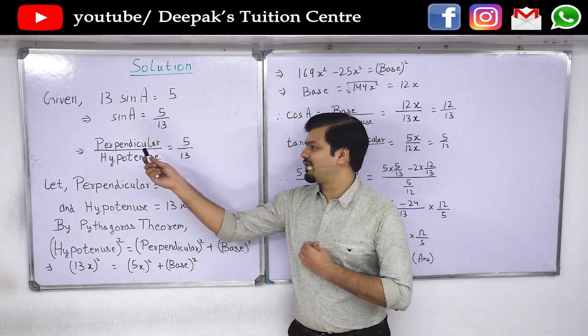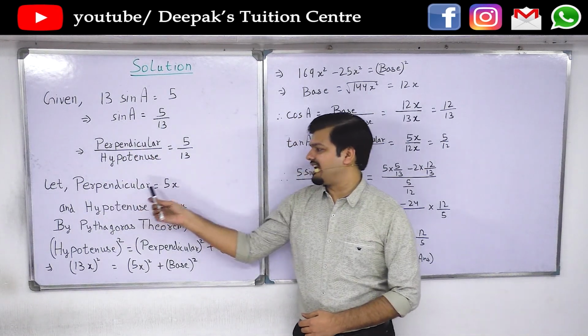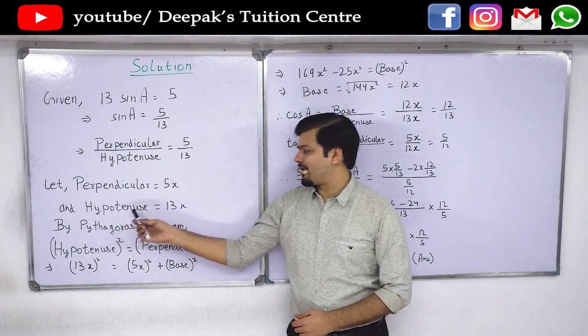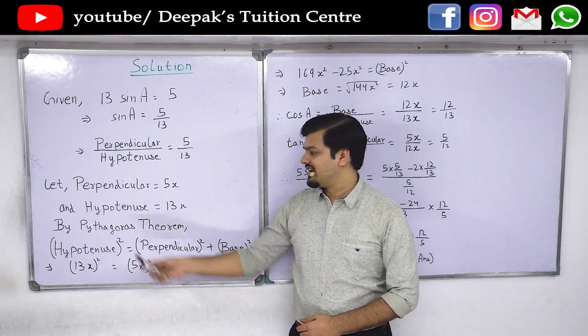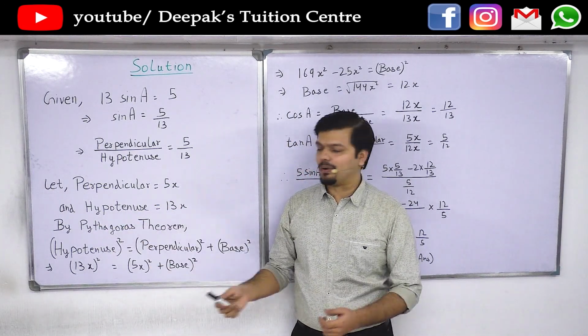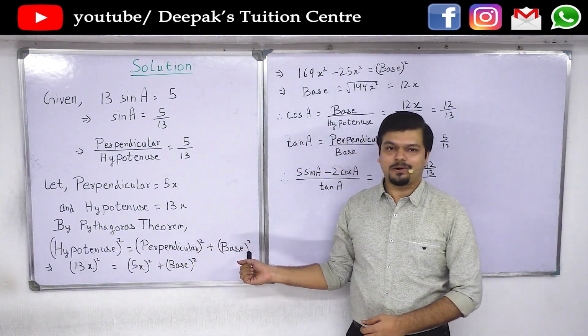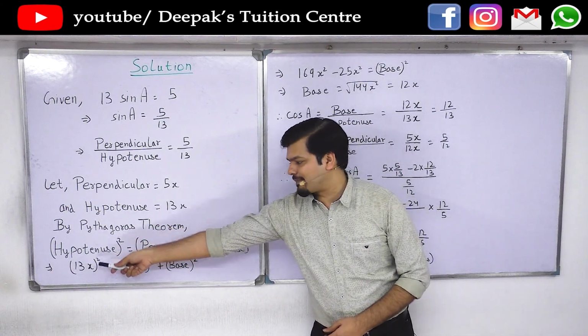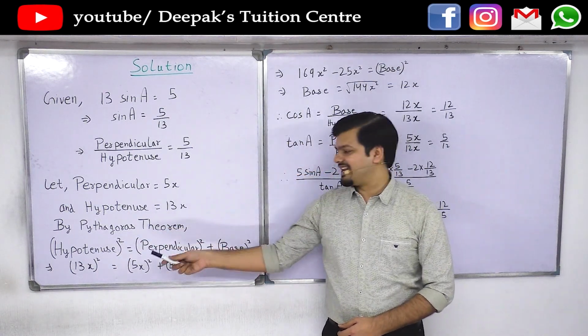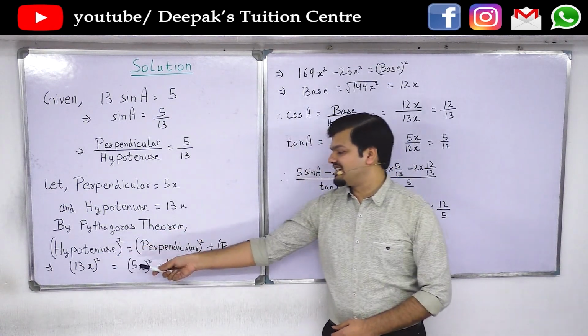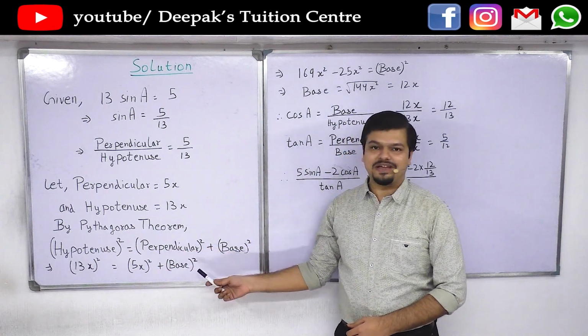So we can take perpendicular = 5x and hypotenuse = 13x. By Pythagoras theorem, hypotenuse² = perpendicular² + base². We substitute the values and get (13x)² = (5x)² + base².